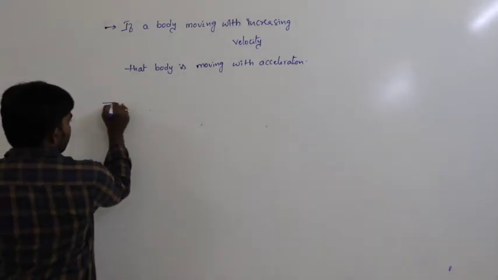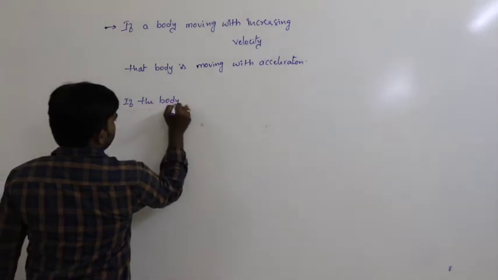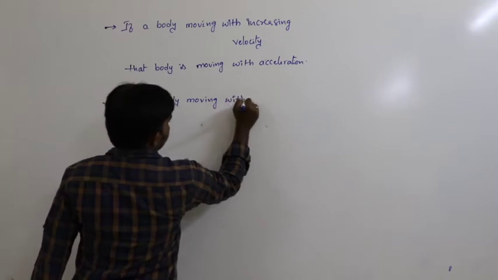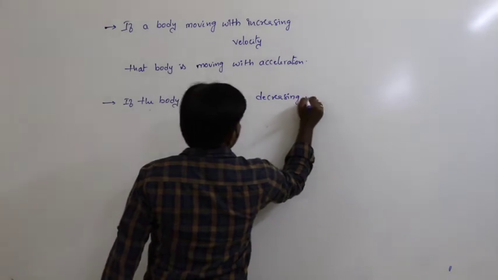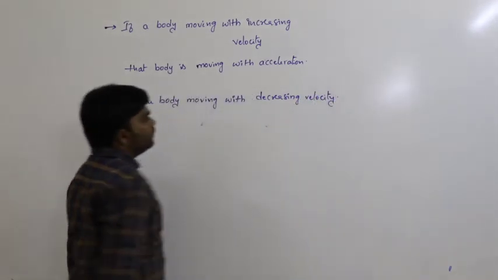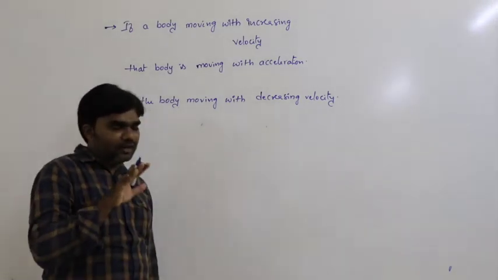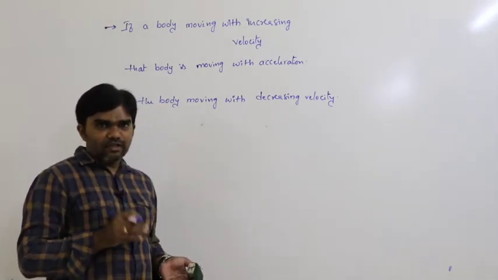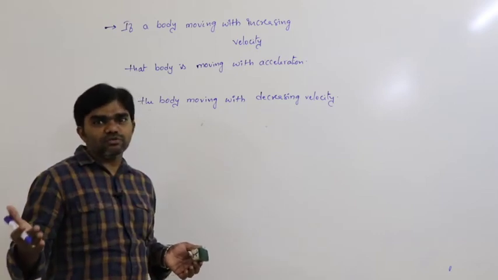In the same way, if the body is moving with decreasing velocity, that means velocity of the body decreases gradually. For example, if we apply the brakes, velocity gradually decreases and finally comes to rest.